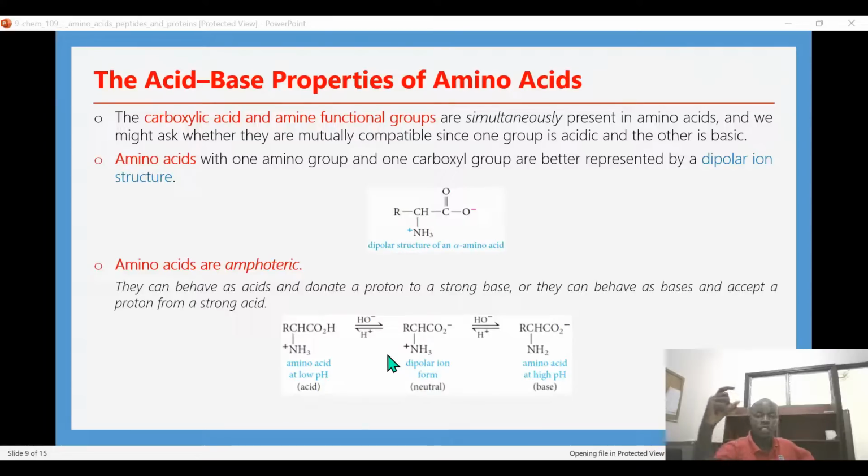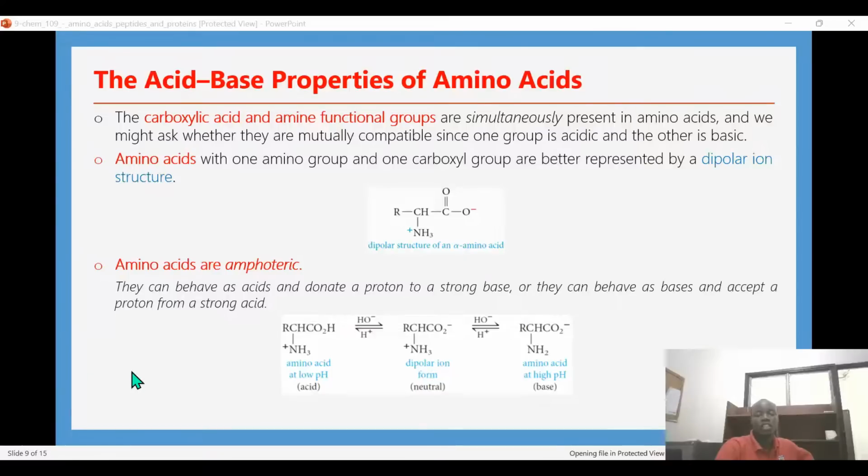So the carboxylic acid and amine functional groups are simultaneously present in an amino acid, and we might ask whether they are mutually compatible, since one group is acidic and the other one is basic. Amino acids have both a basic functional group and an acidic functional group.